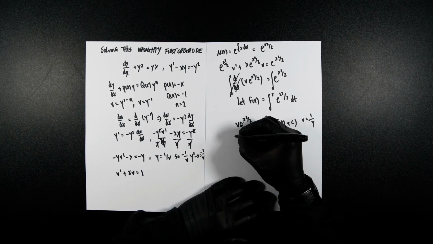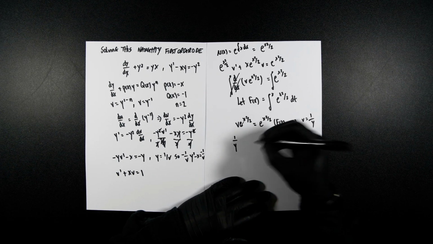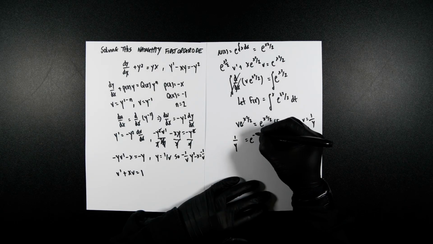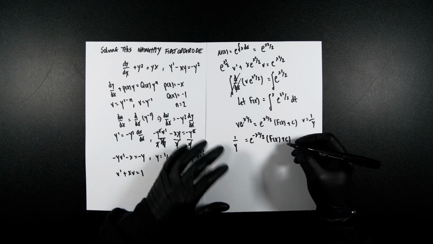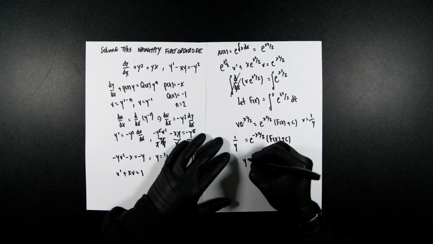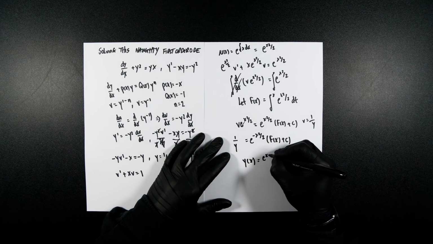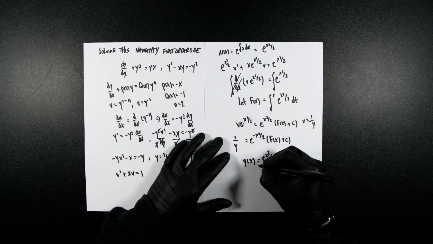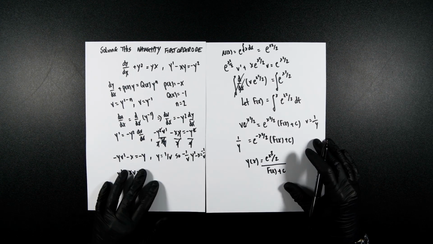So we will have 1 over y, that's to replace this v, which equals e to the minus x squared over 2 times f(x) plus c. So therefore, if you want to get this in terms of y, it's going to be y(x) equals e to the x squared over 2 all divided by f(x) plus c.